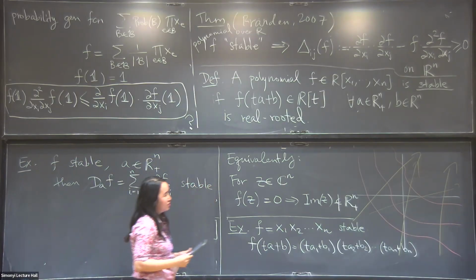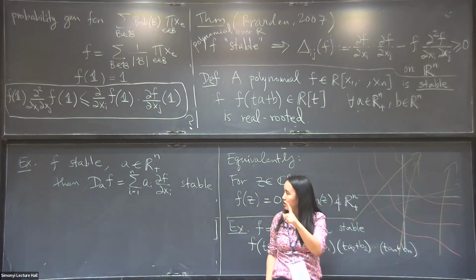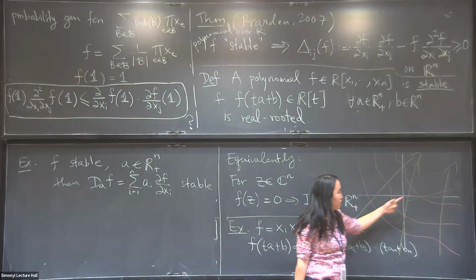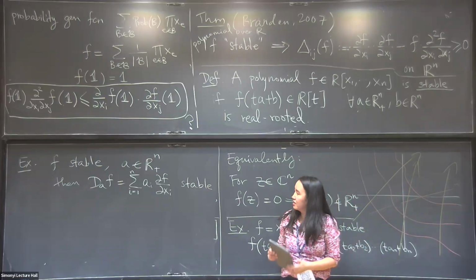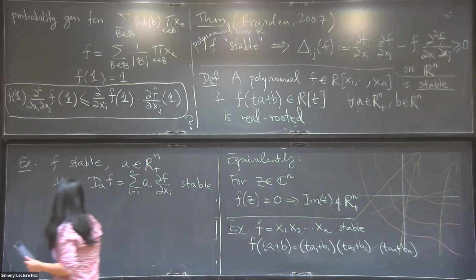This is easiest to see from the geometric picture. If you're taking the directional derivative in direction A, you're restricting yourself to this line.